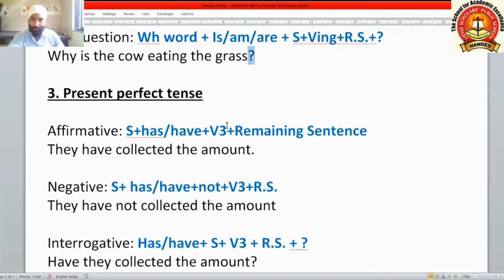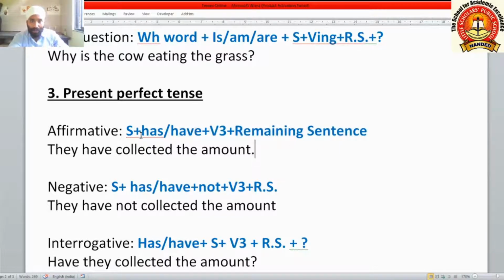Let us see the third type in this present tense. Present perfect tense. Whenever we say perfect, have, has or had comes. So here present perfect is there. This is why have or has will come as helping verbs. Let us see the affirmative sentence. Subject plus has, have plus verb with the third form plus remaining sentence.